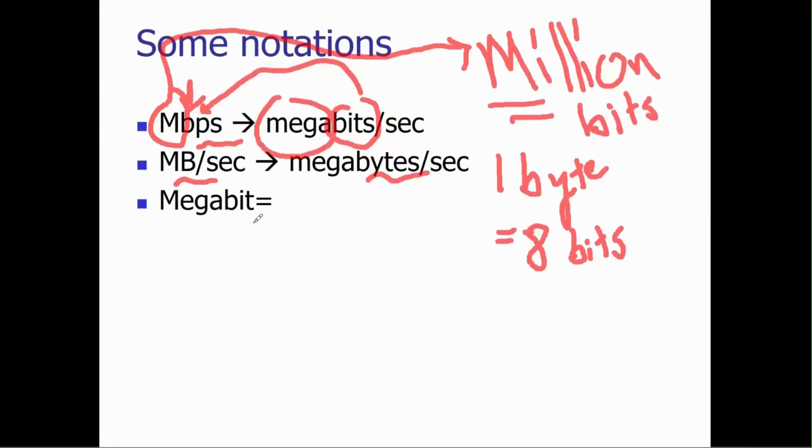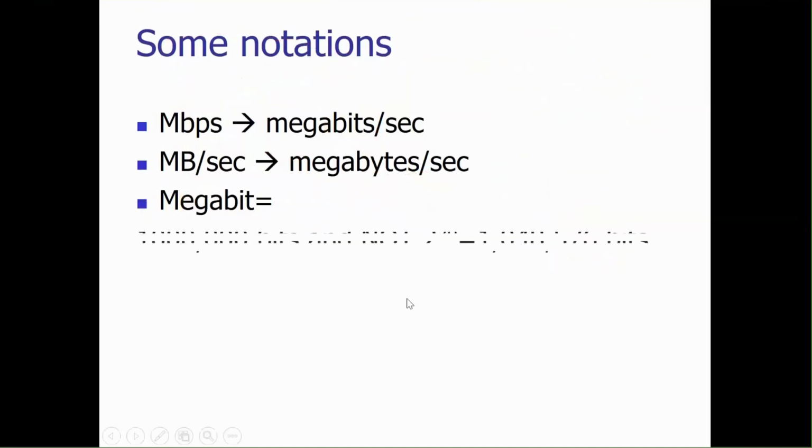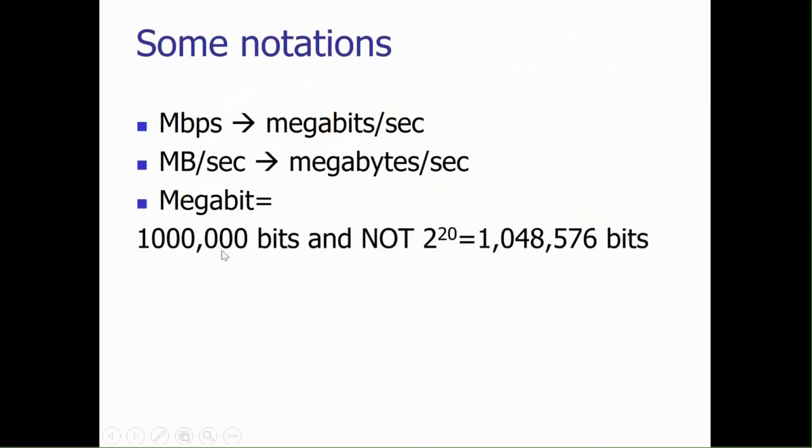So a megabit, as I said, M is million. This is how you don't forget this. Of course, I'll show you the transformation now. Mega is million in terms of networking.